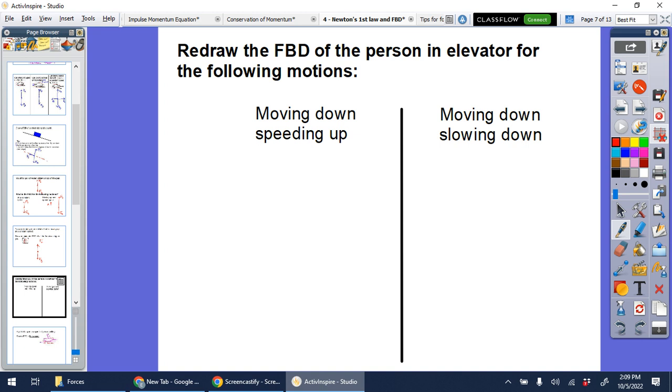So on the side here, I'm going to draw what you did before in the past, right? In the previous one, here, actually, I'm going to shorten it. Okay, the previous one, gravity and normal force were even. That's if you're at constant speed, right?